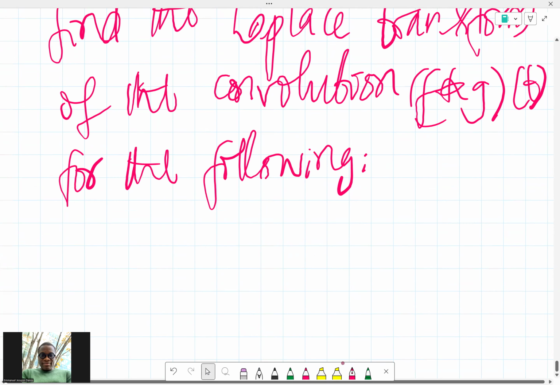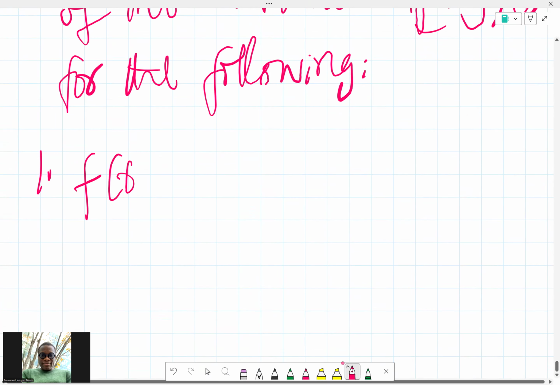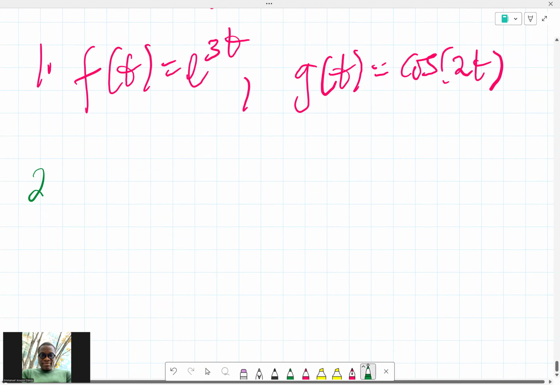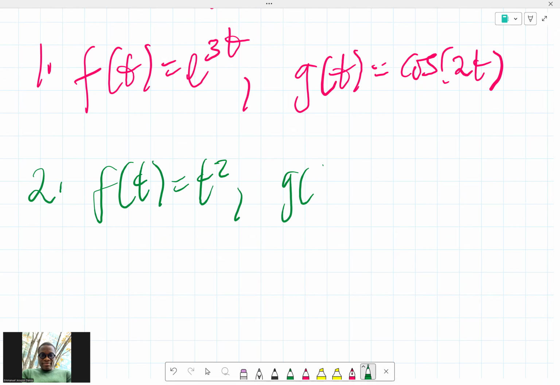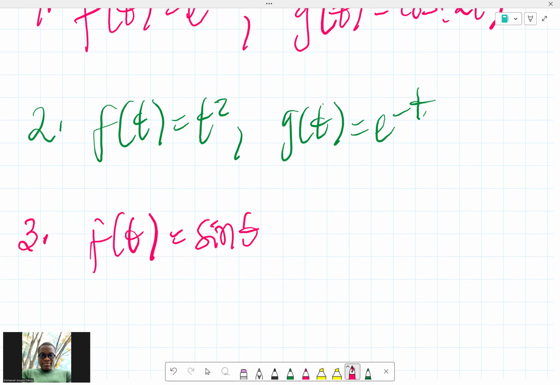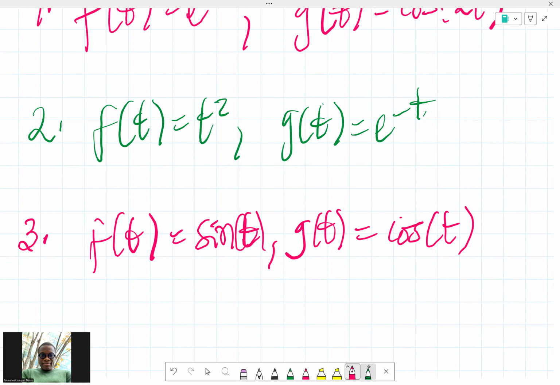Number one, f of t equals e raised to power 3t, and g of t equals cos 2t. Number two, f of t is t squared, and g of t is e raised to power minus t. Number three, f of t is sine t, and g of t is equal to cos t.